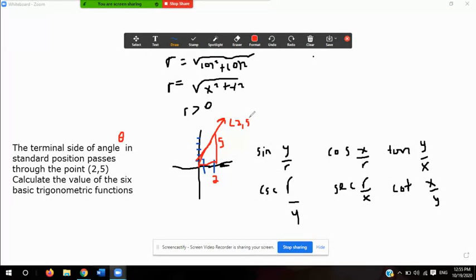So the first thing we're going to do is, in order to find all 6 trigonometric functions, I have an ordered pair of 2, 5, which means that x is 2 and y is 5. So I'm going to use these numbers to actually find r.